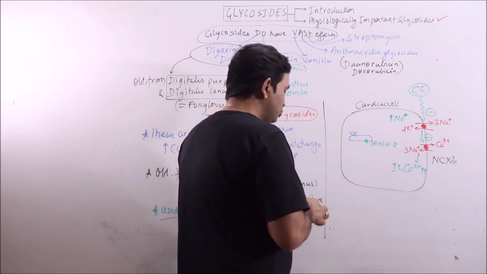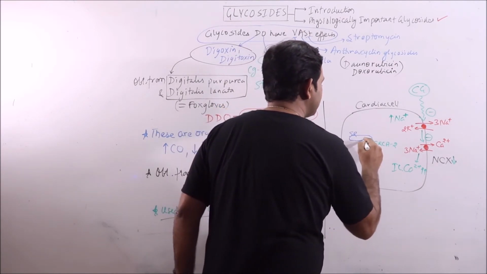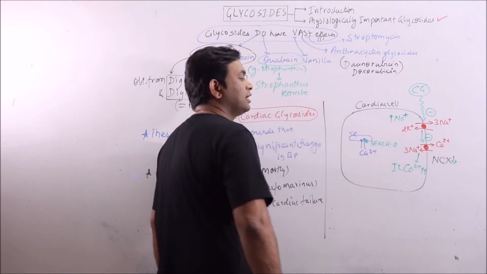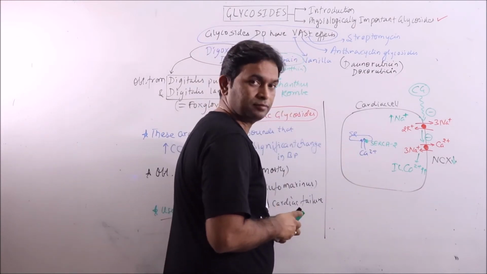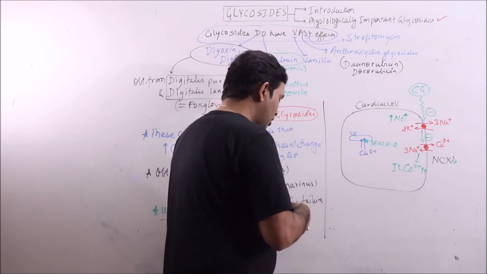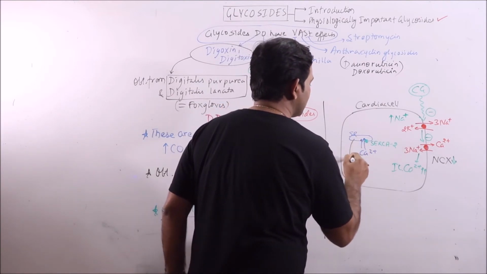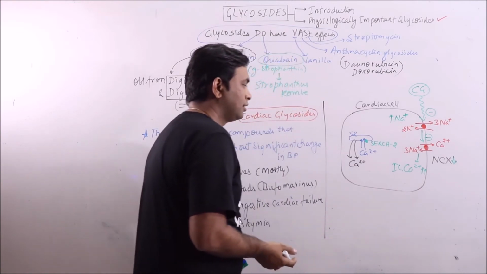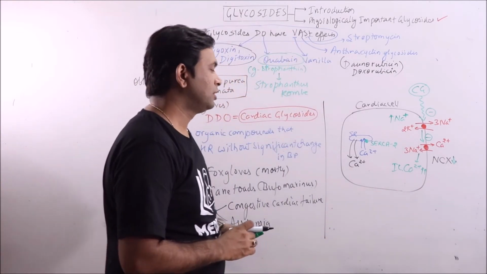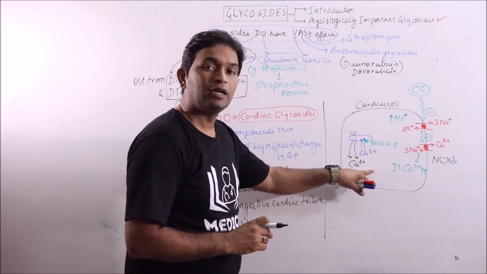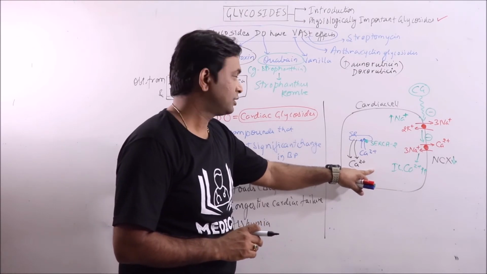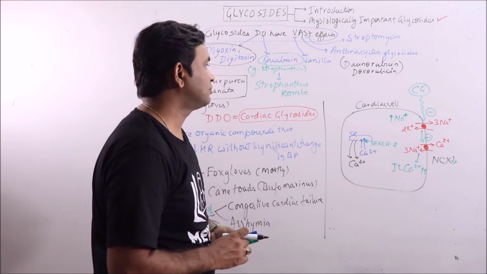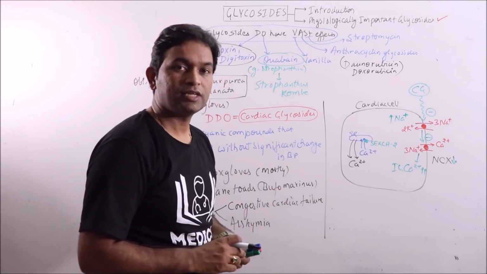Now SERCA2 has to pump more calcium into the sarcoplasmic reticulum, and on next stimuli it will release a higher amount of calcium into the sarcoplasm, leading to stronger contraction and increased cardiac output. So this is the mechanism how the cardiac output is increased.